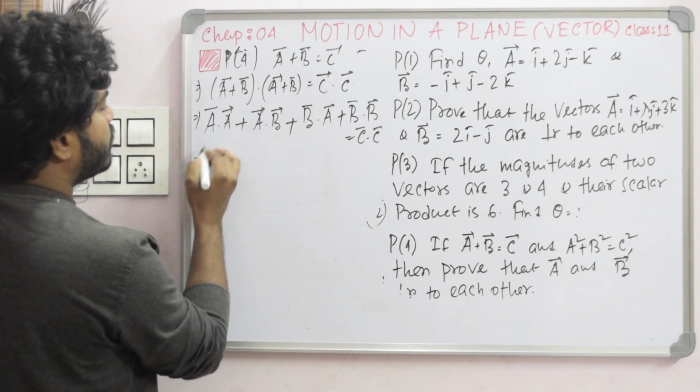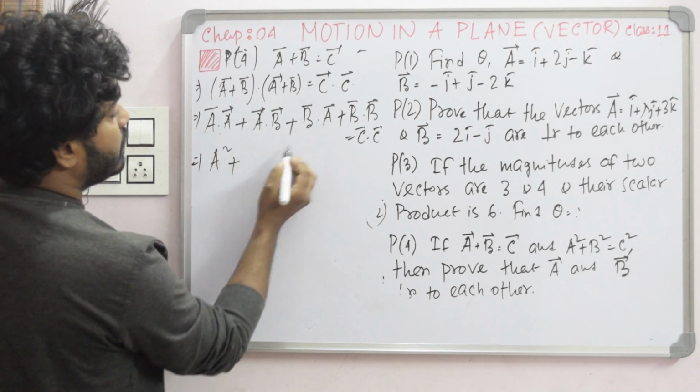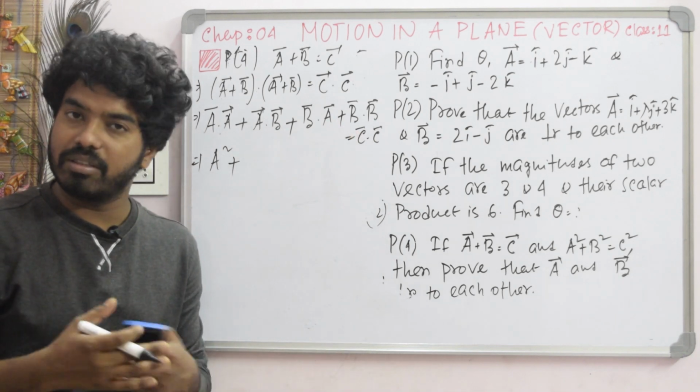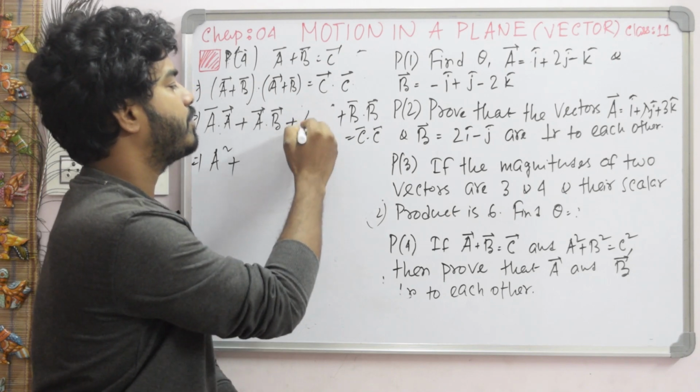The same vector's dot product gives the square of the vector, and B dot A is exactly equal to A dot B, since the scalar product is commutative.